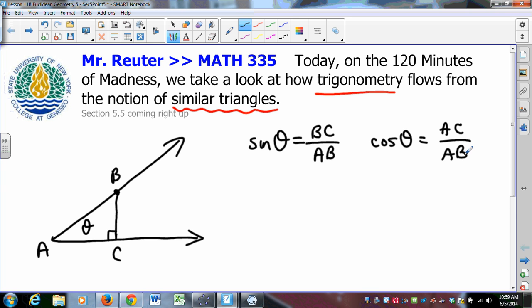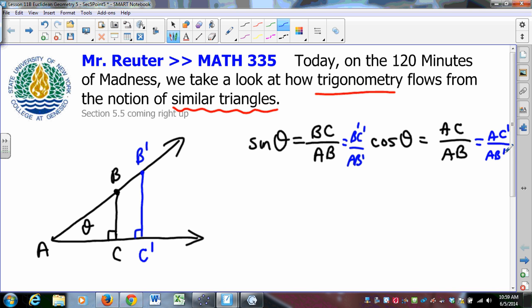It should be noted that no matter where I pick on this ray, if I were to come out here and pick some other point and drop a perpendicular to C prime, sine of theta would still be as you would expect, and cosine of theta would still be as you expect.